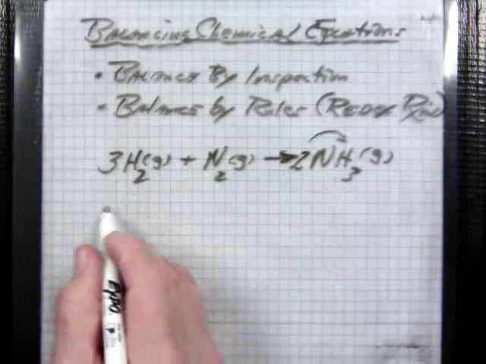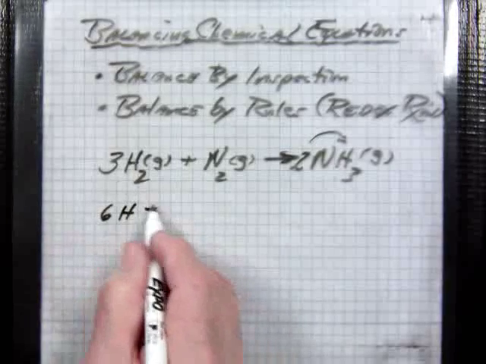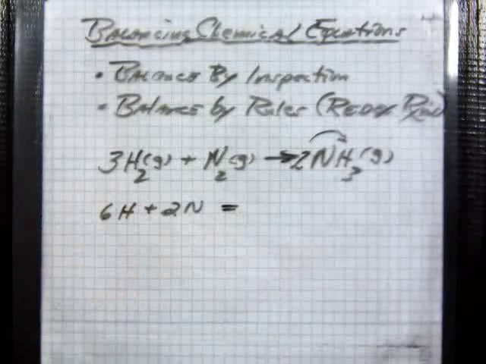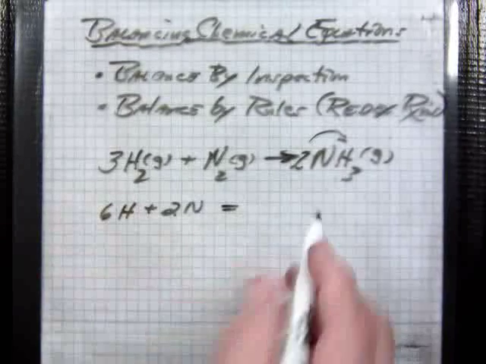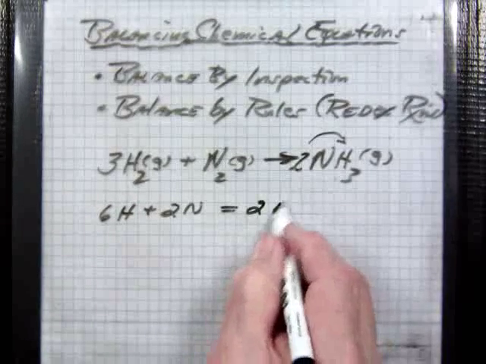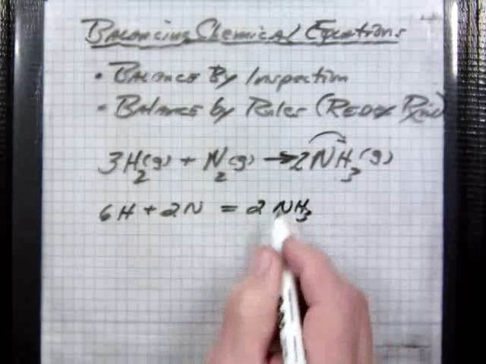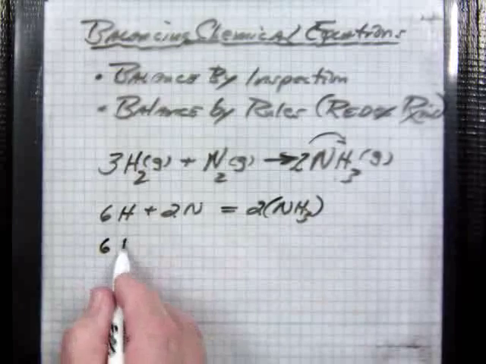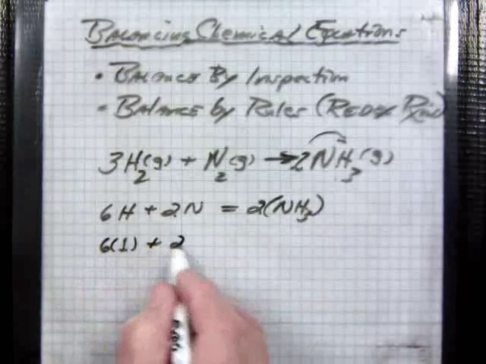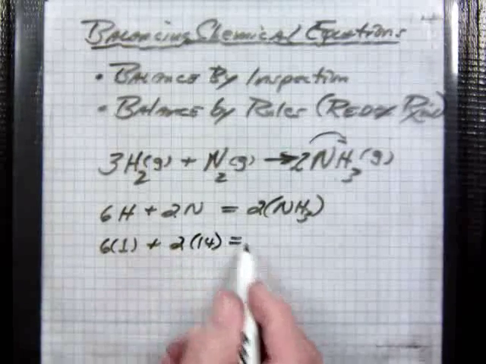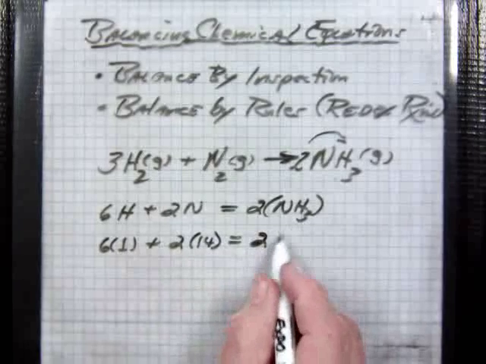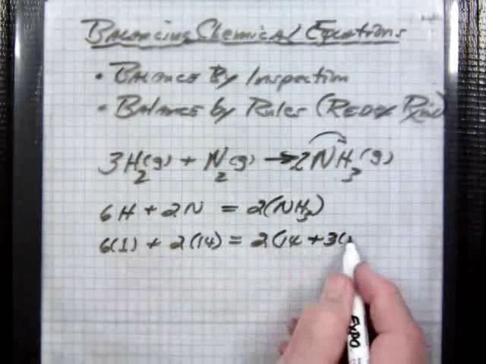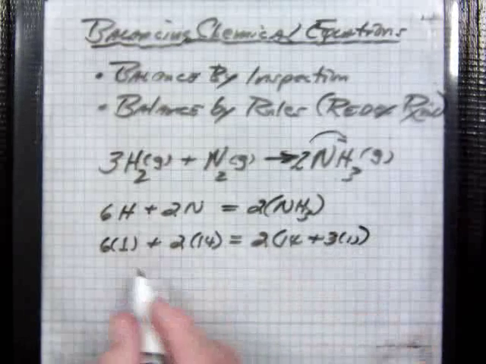So we have 6 hydrogens plus 2 nitrogens, and the element symbols represent mass, is equal to 2 NH3 molecules in that context. So we have 6 times 1 plus 2 times 14 must equal 2 times 14 plus 3 times 1, like that.